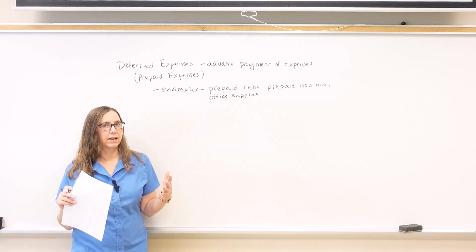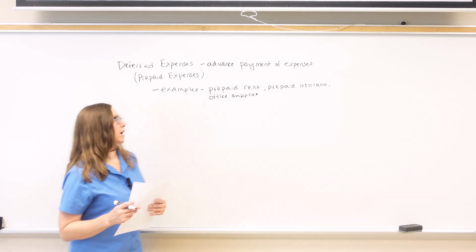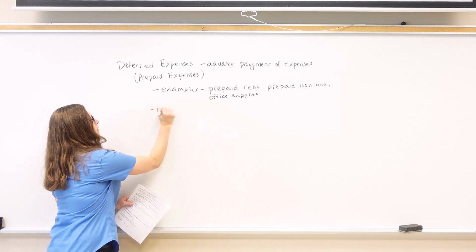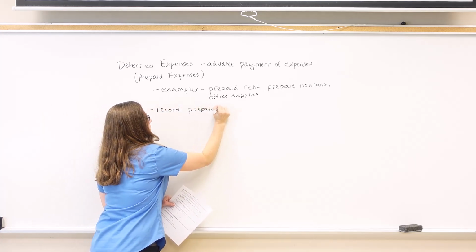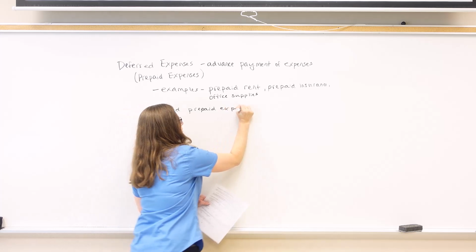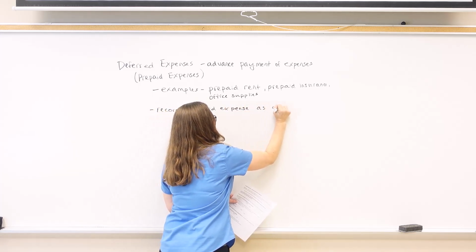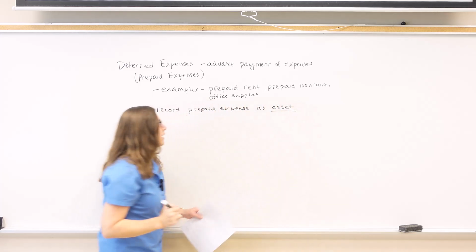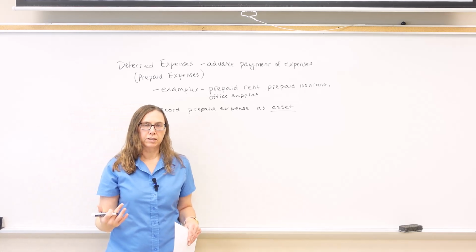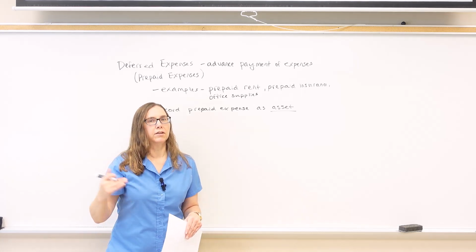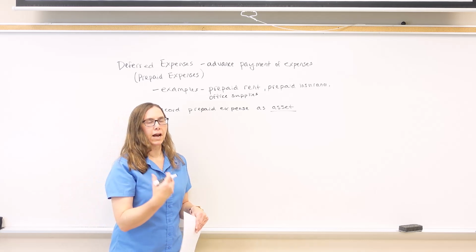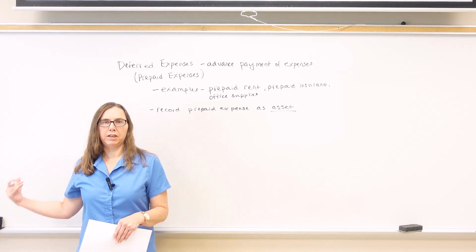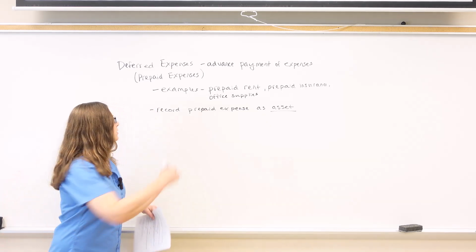So I'm going to write that out just to kind of clarify. So you would record the prepaid expense as an asset, and then you would do an adjusting entry to record anything that you've used up, because once you use it up, it's no longer an asset, it's more of meeting the definition of an expense.